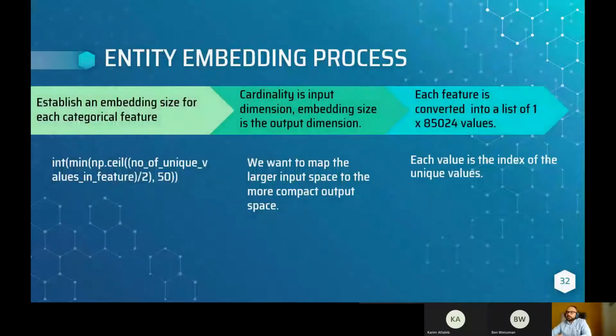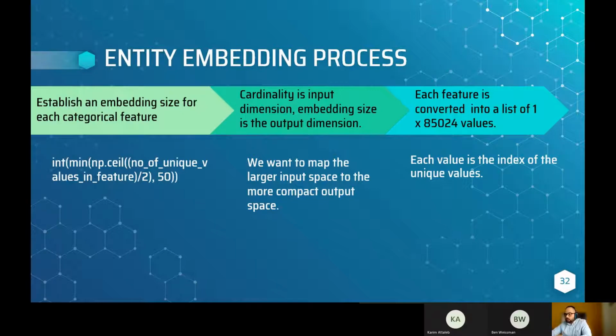So entity embeddings. We have to establish an embedding size for each categorical feature. So that's kind of specific challenge number 1. For this, we actually use a method. In literature, you can see that they say 50 should be kind of a good practice maximum size of this embedding vector.